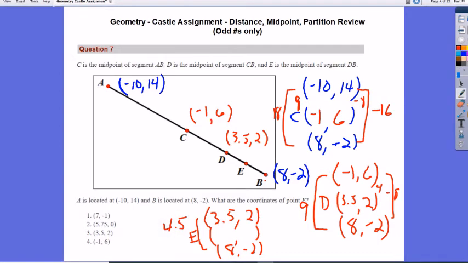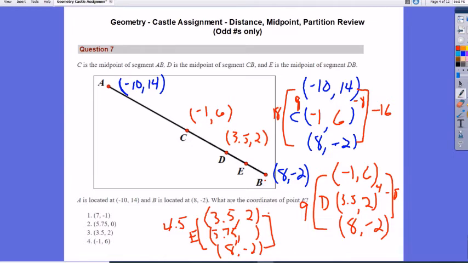And then half of 4.5 is, no, I misspoke. Let me make sure. 2.25. So we're going to go up 2.25 to 5.75. This is down 4, so we're going to go down 2 to 0. So 5.75, 0. There might be an easier way to do that, but I took maybe the long way.